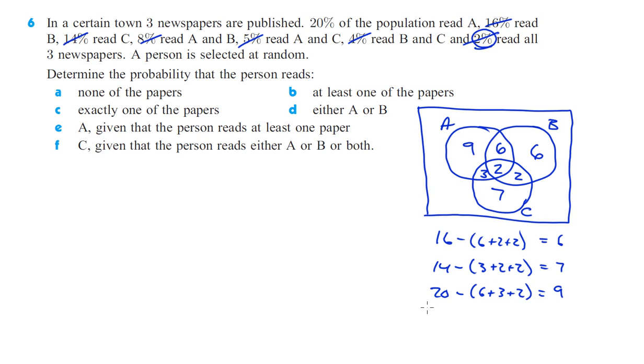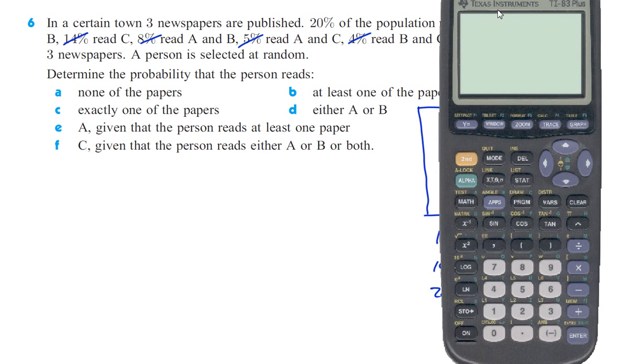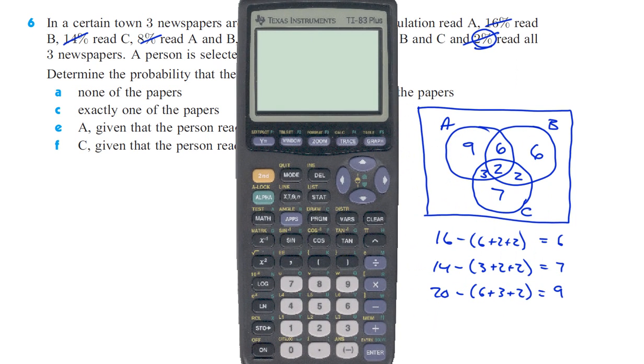Okay, so now we've done all the hard work. We've figured out all of these here. But actually, we haven't figured out the outside piece of who doesn't read any newspapers at all. In order to figure that out, we're going to need to add all these up. It should end up equaling 100%, right?